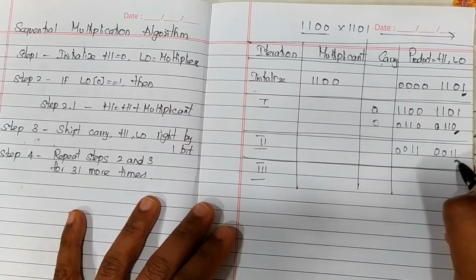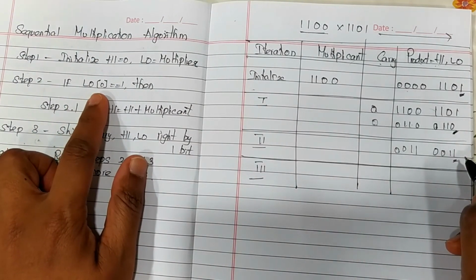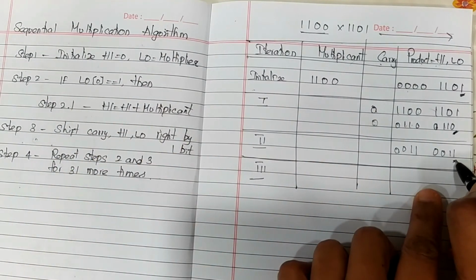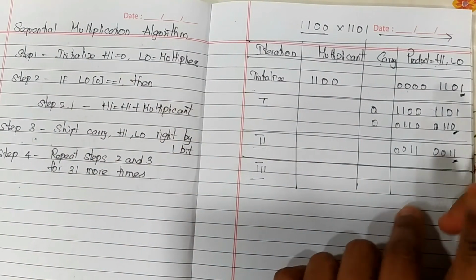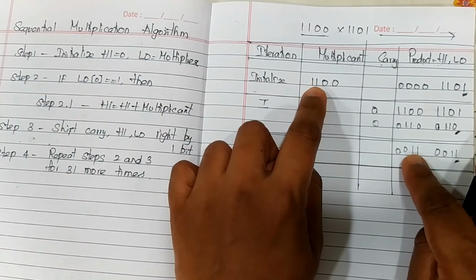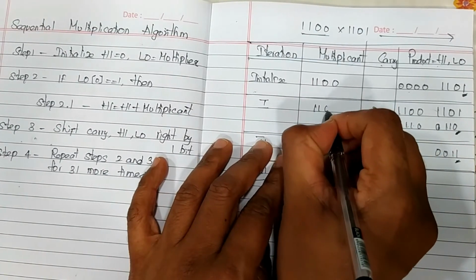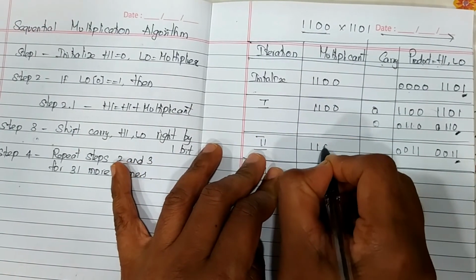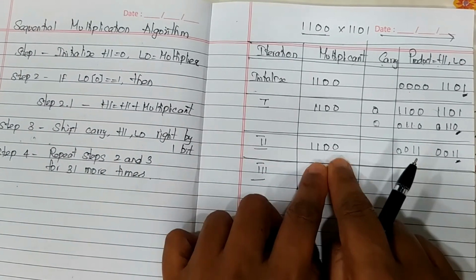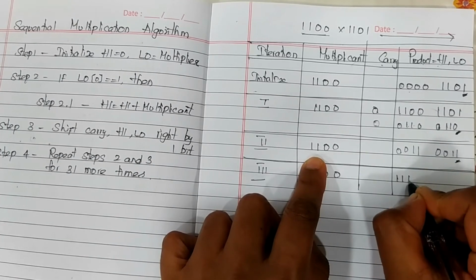Now let's move on to iteration 3. Here step 2 says if the least significant bit of register low is 1, then add multiplicand and high. So it is now 1. So you need to add the multiplicand and the high. Multiplicand is the same throughout the iterations, I'm not changing anything. So you are adding the multiplicand with the high, and you will get all 1.